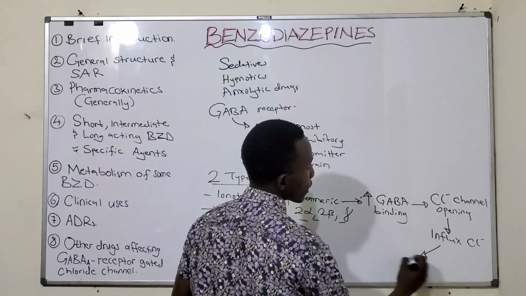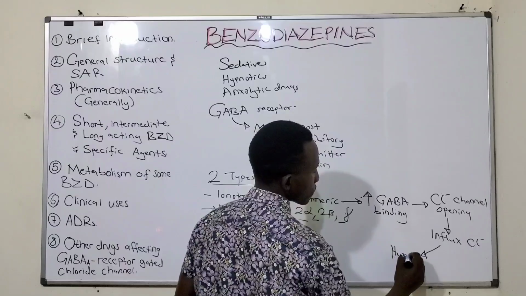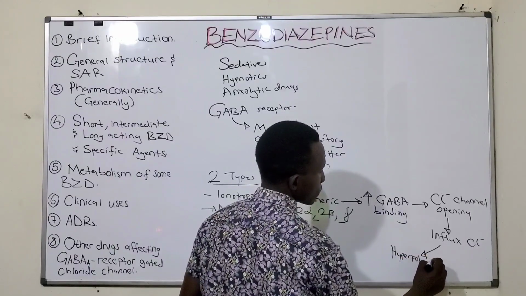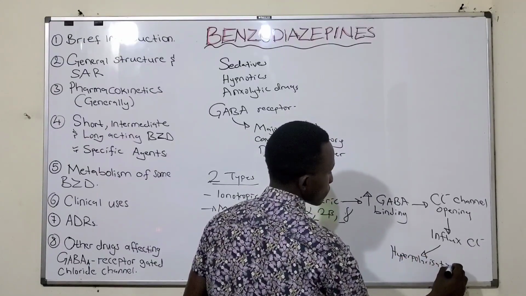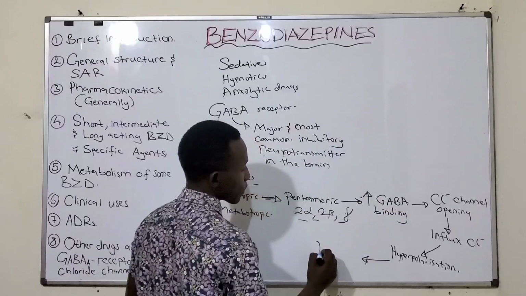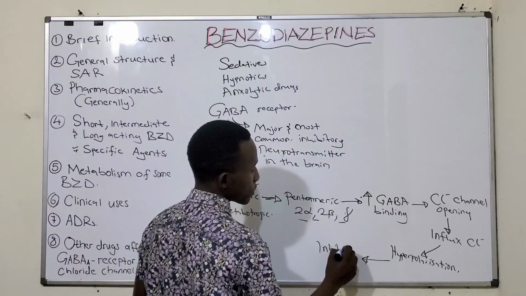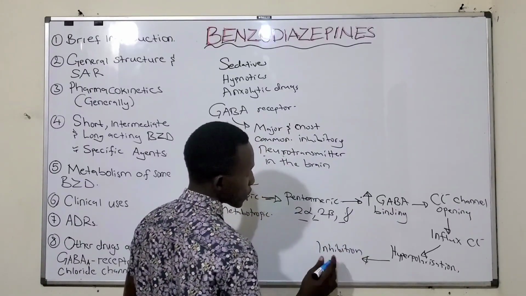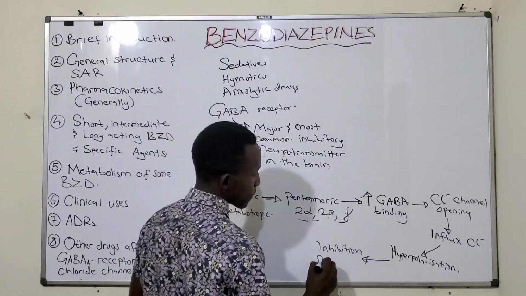This leads to hyperpolarization. Hence, there is inhibition of the neurons.